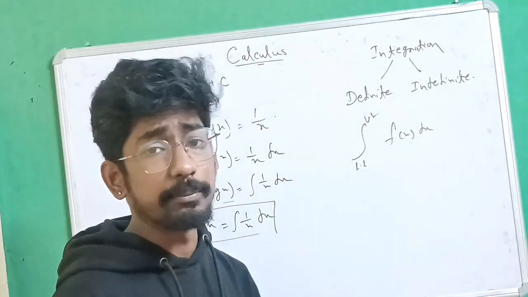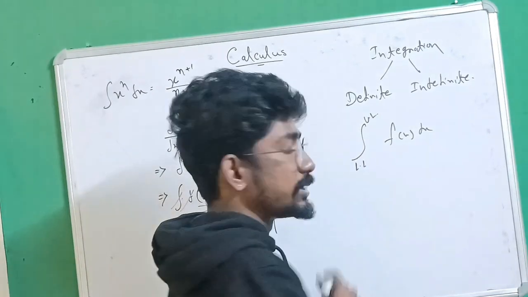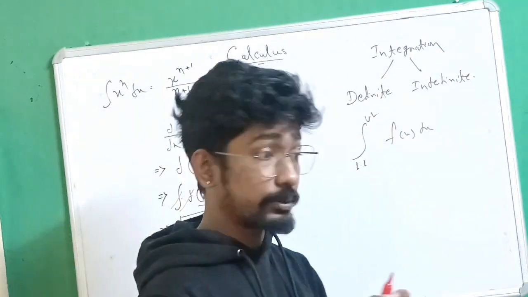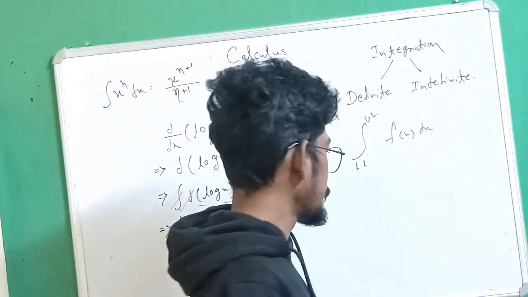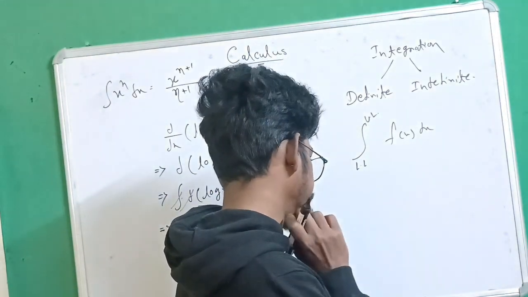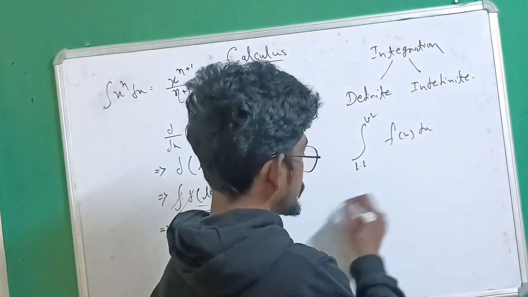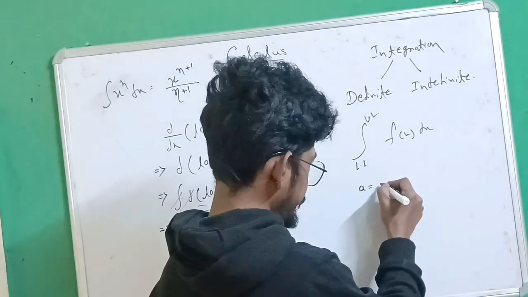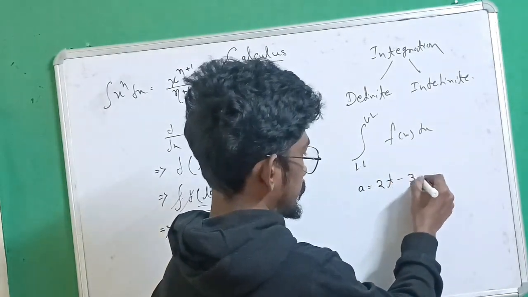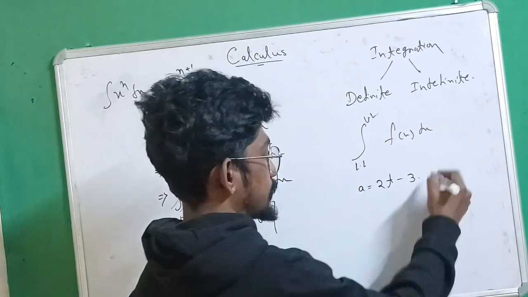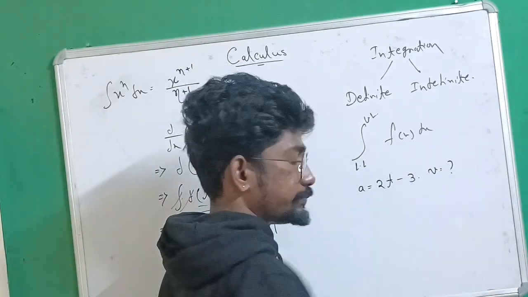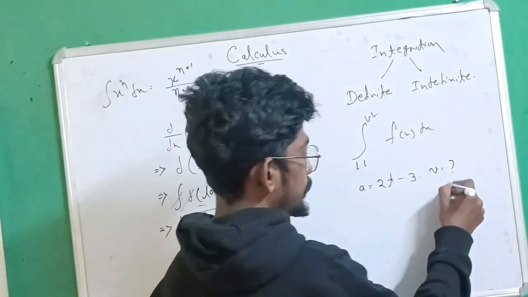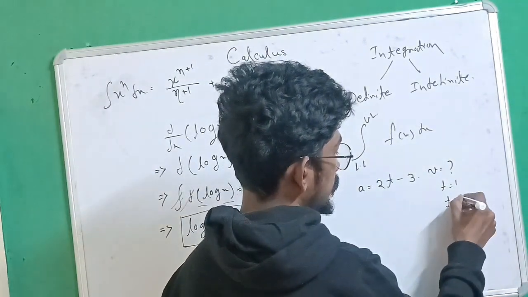Now let's take an example. The velocity equation is given, you have to calculate the displacement equation, or the acceleration equation is given, you have to calculate the velocity equation. How? Acceleration is given as 2t minus 3. I have to calculate the velocity from time t equals 1 to 3 seconds.